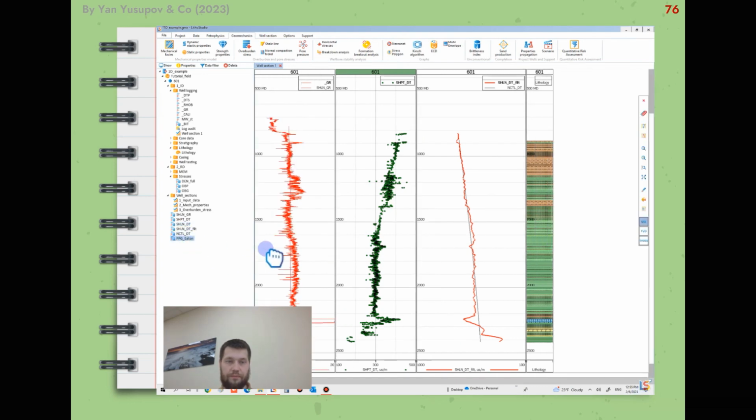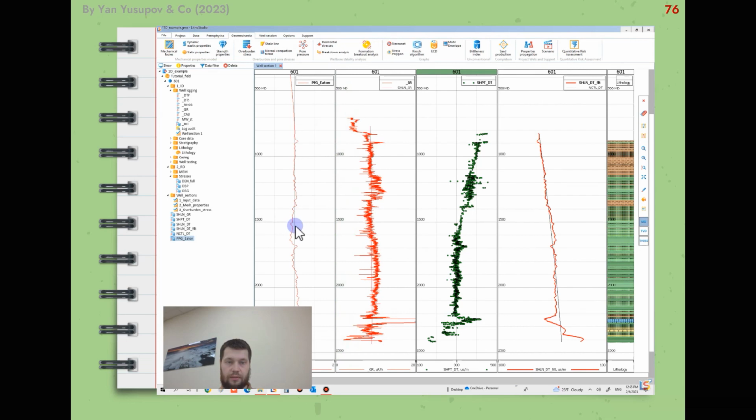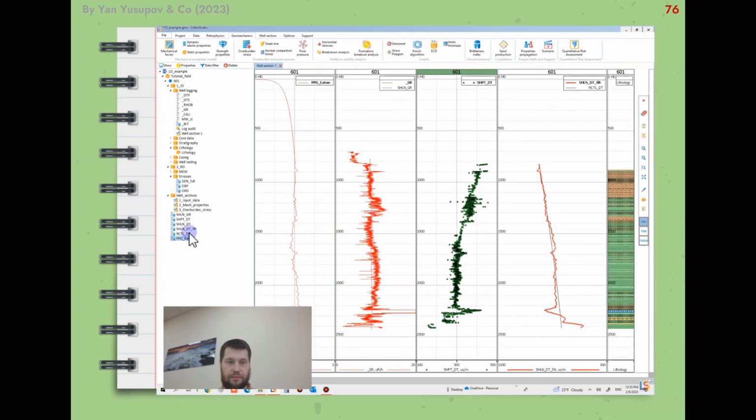Now move the PPG curve onto a track, and let's estimate the calculated curve. Don't forget to use your well testing data.